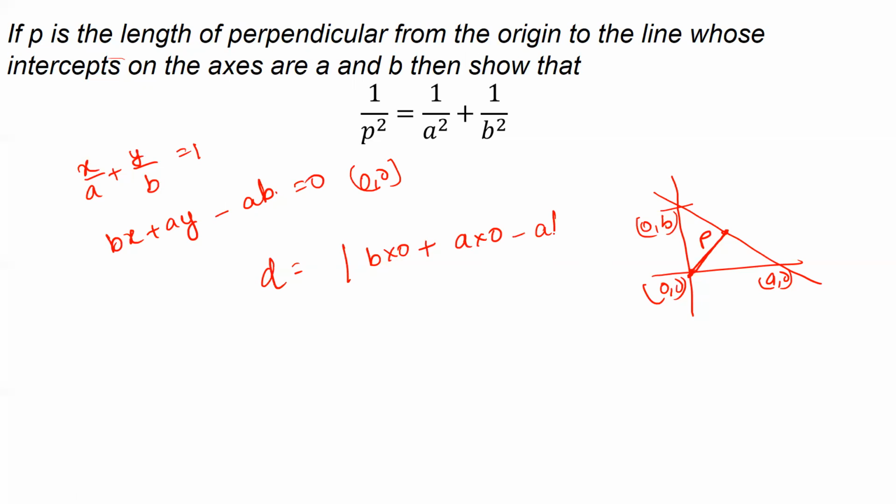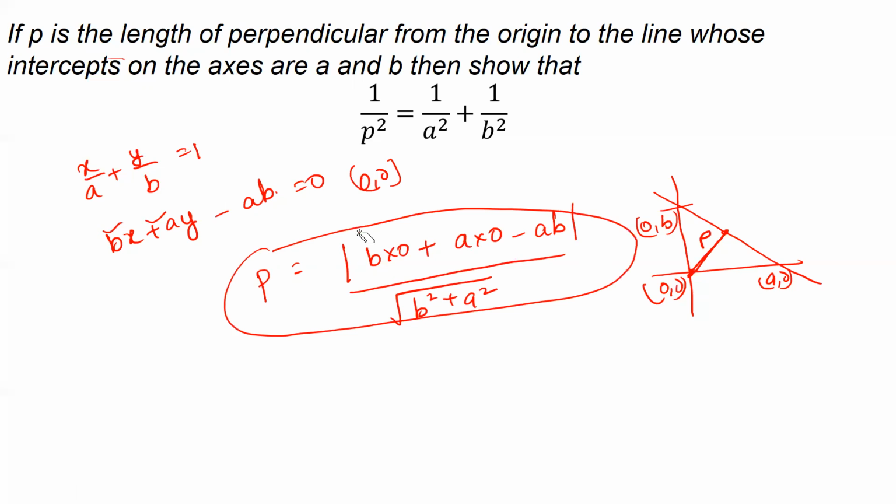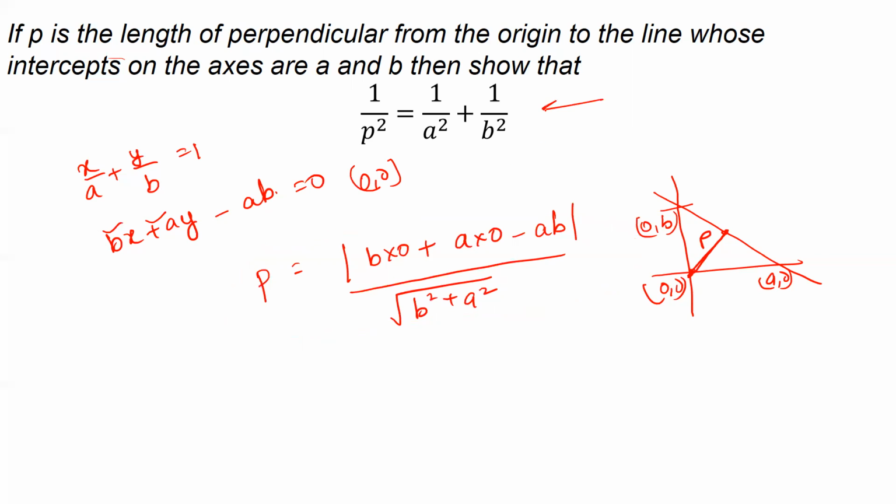So we have |minus ab| divided by root over b square plus a square. Remember the coefficients of x and y. So this is the distance of the origin to this line, and we are given that this distance is actually p units. So I can write this equation, and now I have to simplify this to somehow reach this.